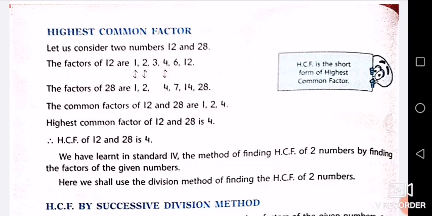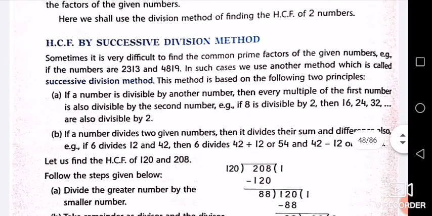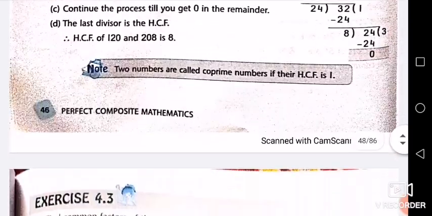Therefore, HCF of 12 and 28 is the greatest factor you get common to those two numbers. Now HCF is the short form of highest common factor.